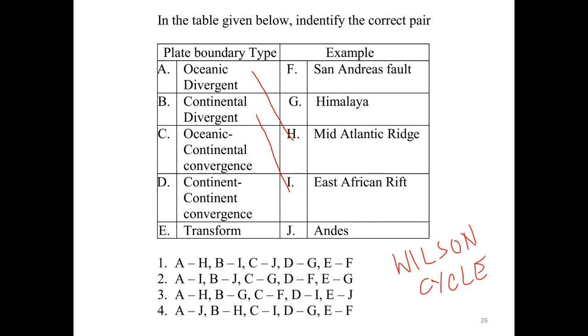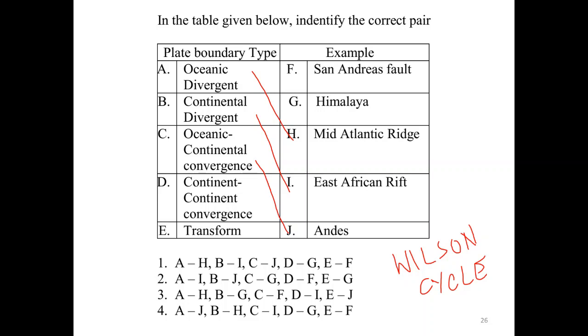Then the oceanic continental convergence, the Andes mountains. Yes, the entire Andes mountain chain is the result of the convergence between the Pacific plate and the American plate. You should try to analyze that.